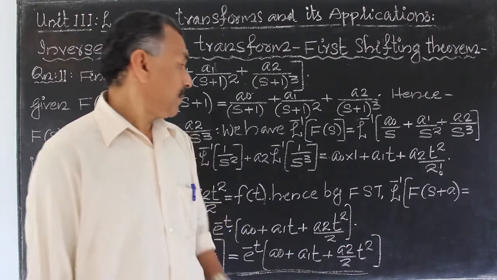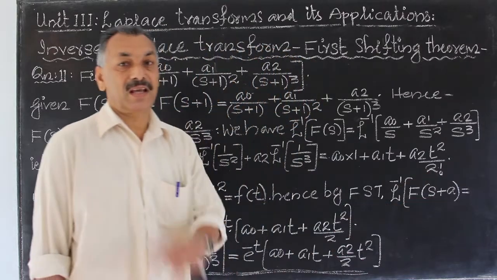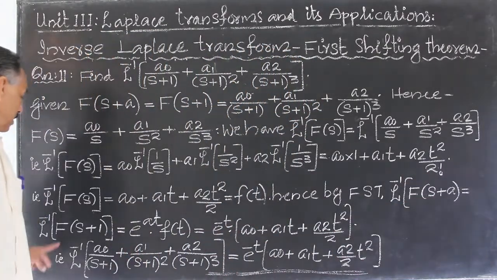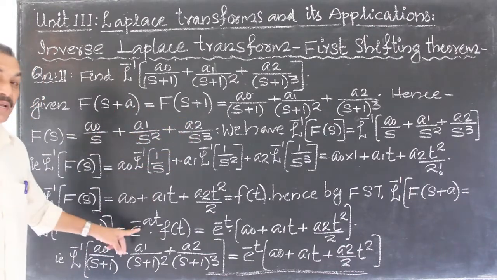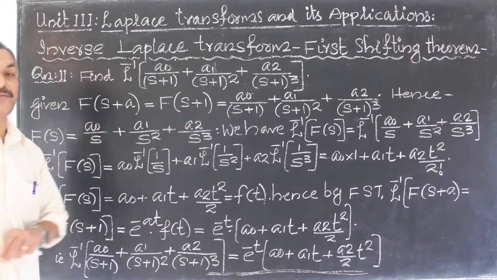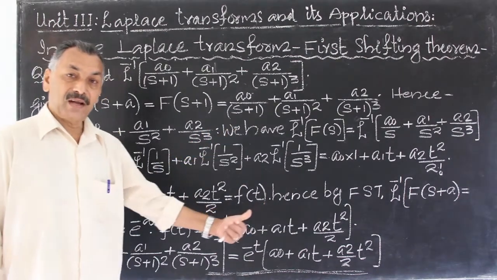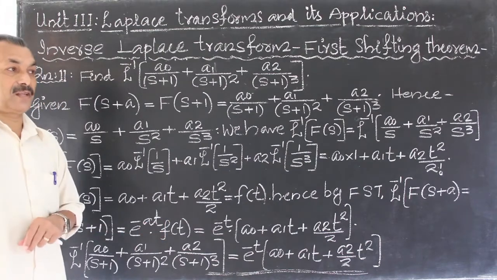Right? Hence by first shifting theorem, L inverse of f of s plus a, instead of s minus a write s plus a itself, is equal to L inverse of f of s plus 1 is equal to e raised to minus a t into f of t. If the inverse of f of s is f of t, then the inverse of f of s plus a is e raised to minus a t into f of t.